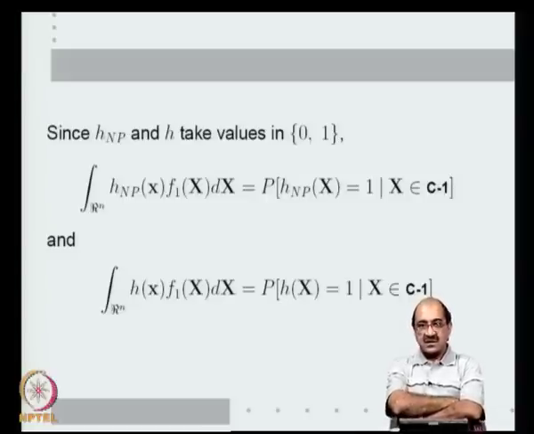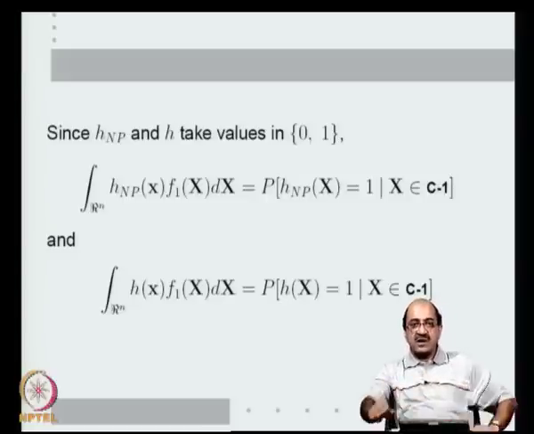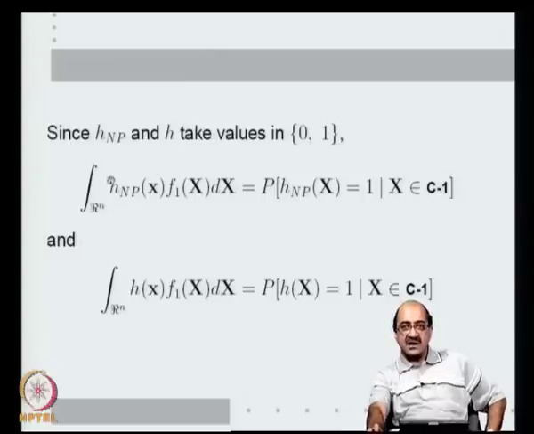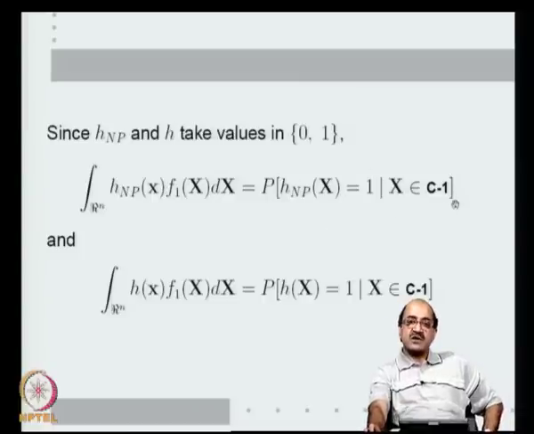Because I am integrating f1, this integral is nothing but the probability that h_NP(x) equals 1, conditioned on x belongs to C1.